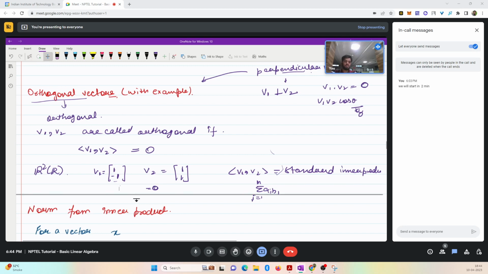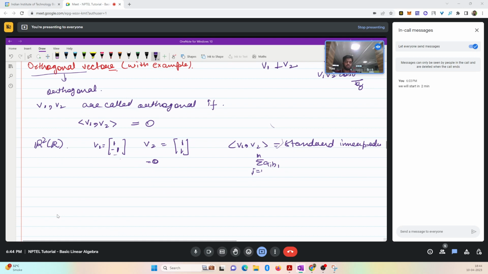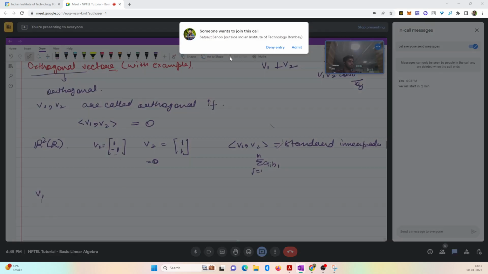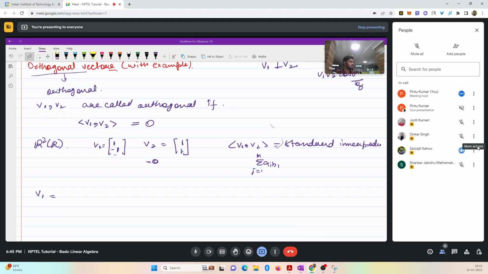Can you give me one more set of orthogonal vectors for R2? I want you to give me two vectors in R2 which are orthogonal to each other. I want two vectors in R2 which are different from this set of vectors that I've already written, and whose dot product would be 0.